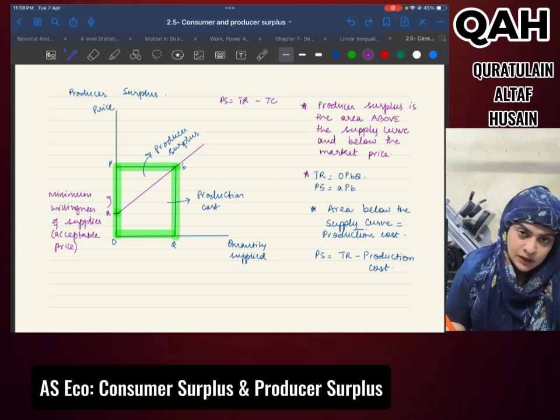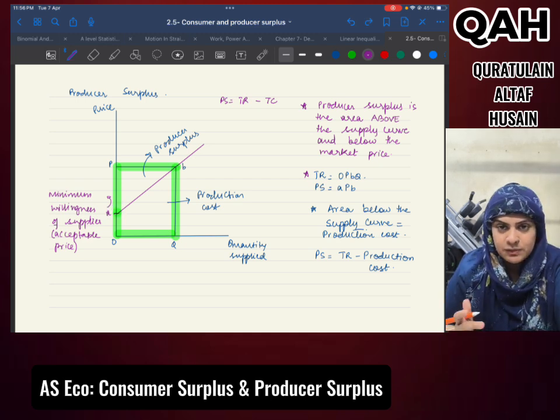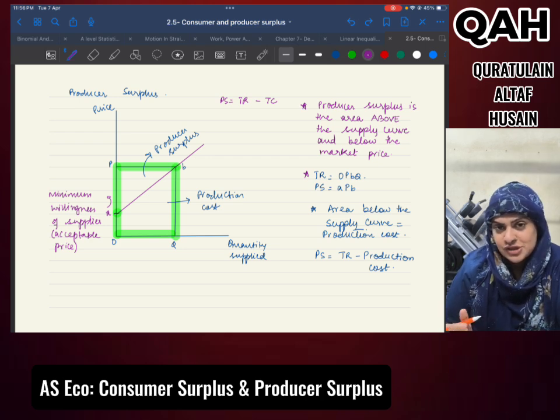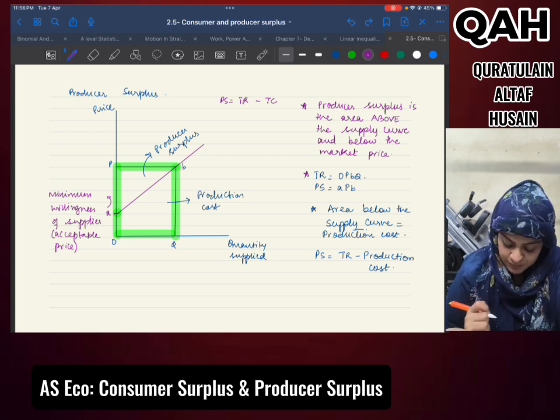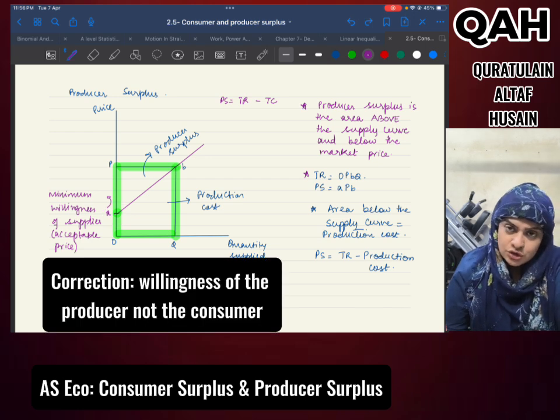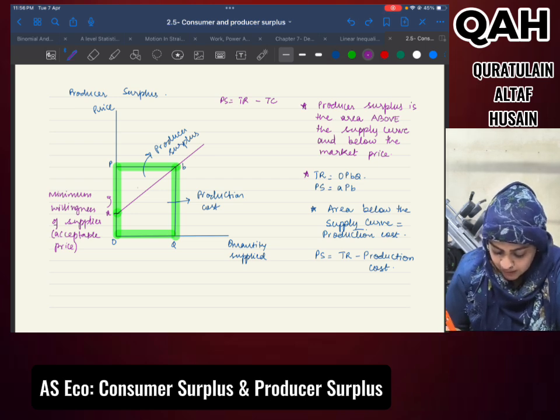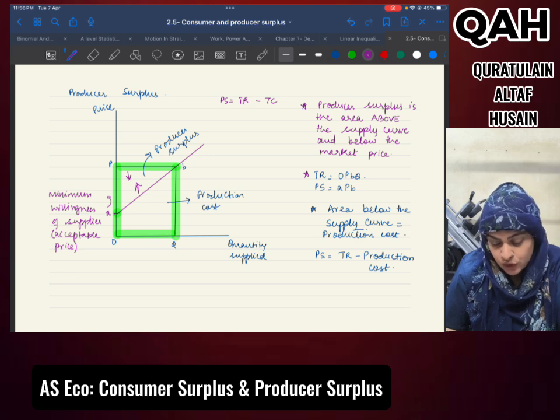This is the minimum willingness of the producer to receive. Why minimum? Because the more the producer gets, the happier they would be, right? So this is the minimum willingness of the producer to accept money in return for goods and services. So producer surplus is the area above the supply curve and below the price.